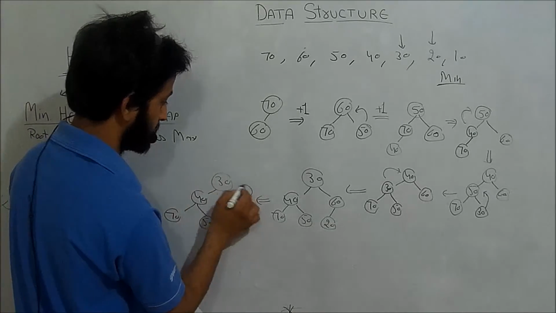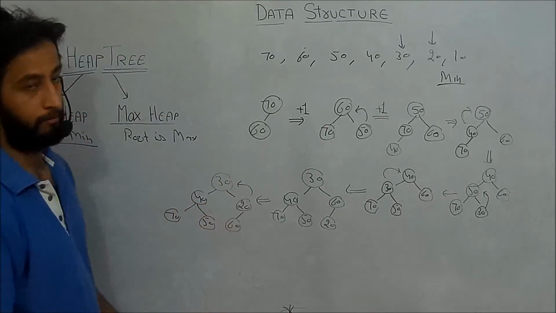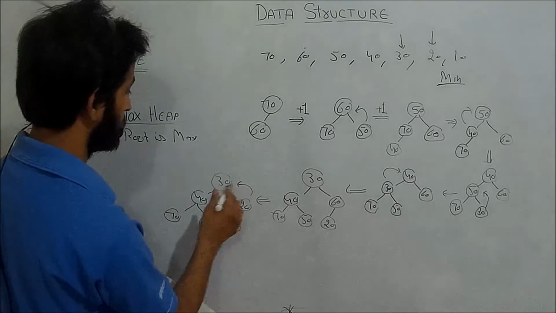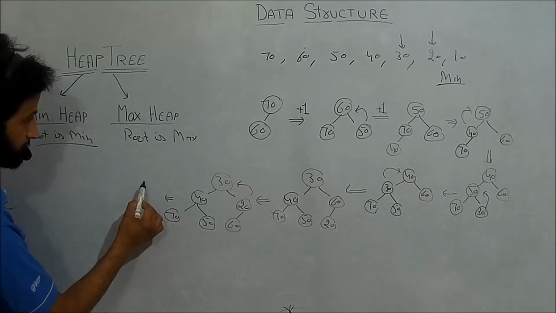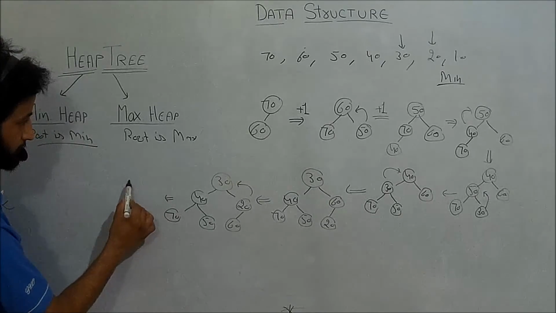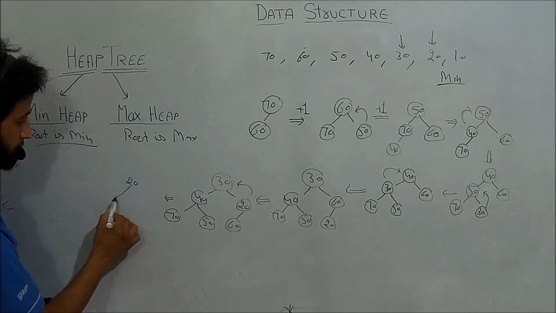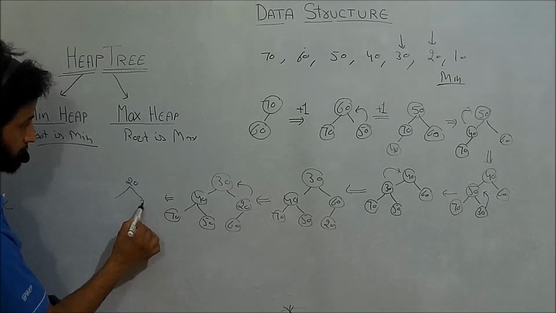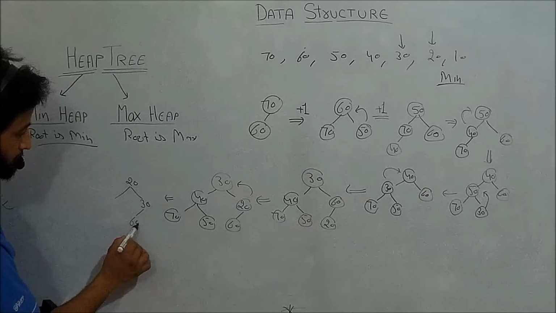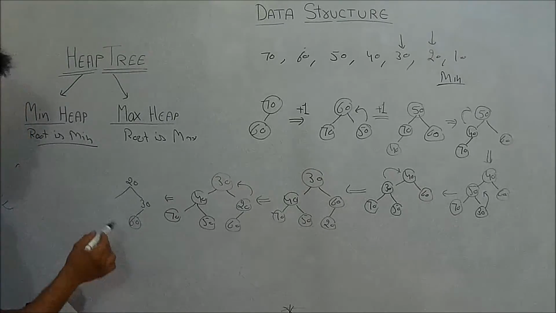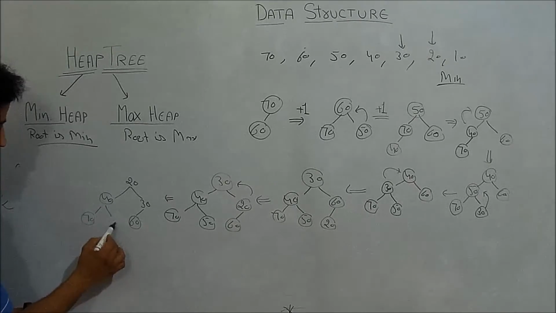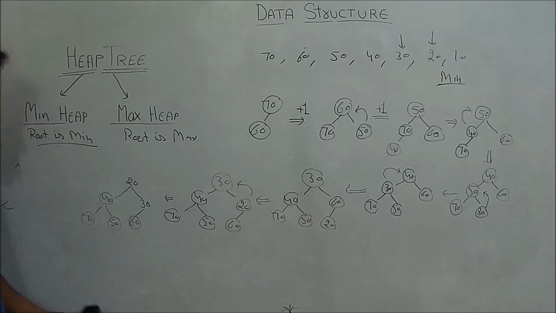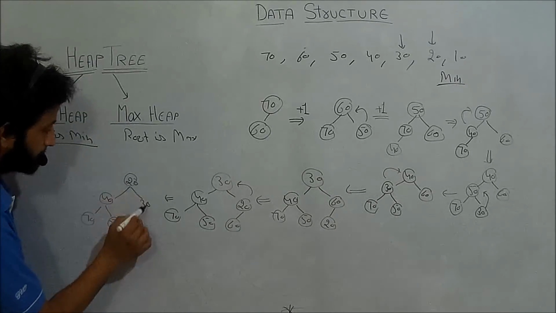Again I have to perform interchange because 20 is minimum and it is the property of min heap that the root node should be minimum. So after inserting 20, the resultant tree will be 20, 30, 60, 40, 70 and 50.